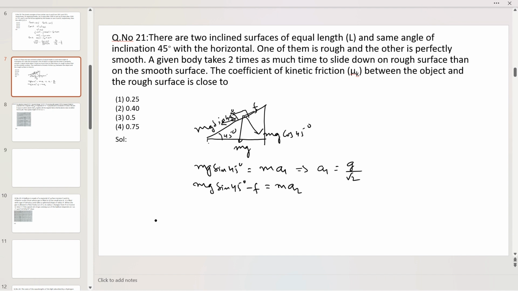Now I am going to find a relation between a1 and a2. Here you see that both travel the same distance, and initially they are at rest. So taking this formula, S is equal to u t1 plus half a1 t1 square, and S is equal to u t2 plus half a2 t2 square.